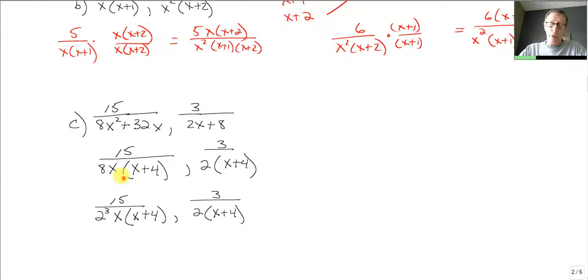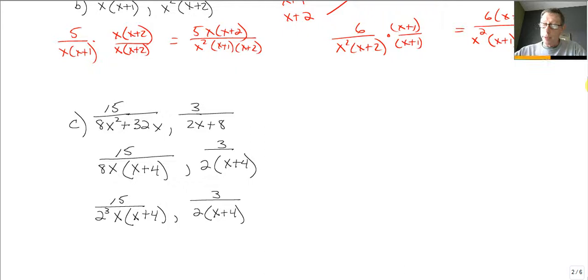So that's my factorization so far. In the next one, I can take a 2 out, and I'm going to get x plus 4. Now, the 8 is really composed of 2 cubed, so I'm going to factor that also. You can see that we've taken 8 and made it 2 cubed. So this is really the prime factorization of the denominator in the first term. The second one was already factored enough.